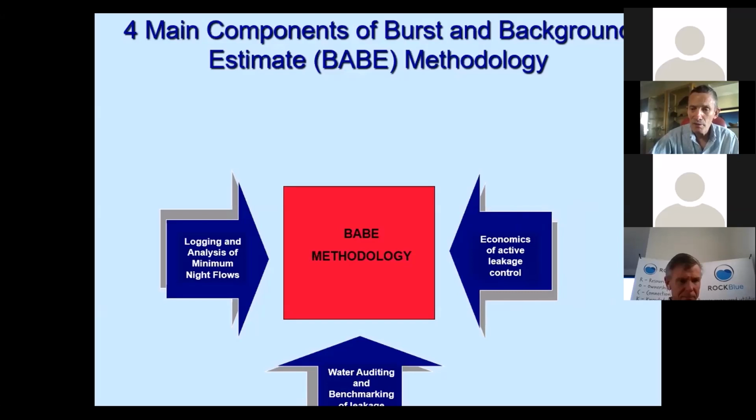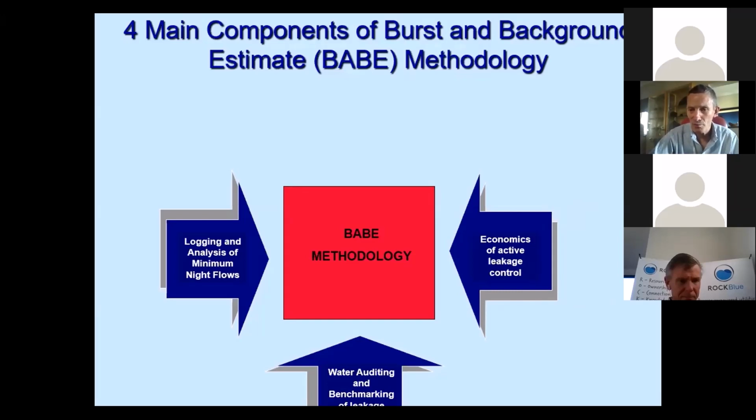A third element is the economics of leakage, and they came up with economic level of leakage, etc., various buzzwords and terminology. Basically, what you're looking at here is how often should you go into an area to find leaks that have not been reported. And in many cases, it's not viable to do that even in the first place.